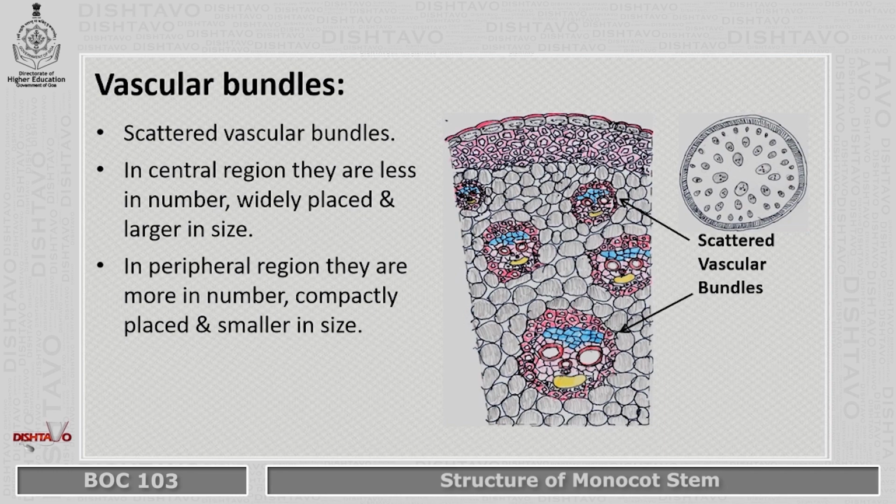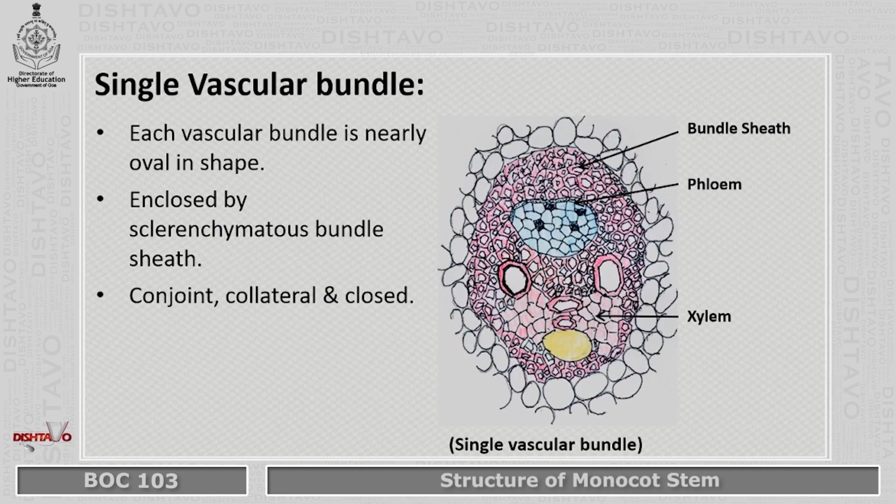In the central region, they are less in number, widely placed and larger in size. Whereas in the peripheral region of the ground tissue, they are more in number, compactly placed and smaller in size. Each vascular bundle is nearly oval in shape.